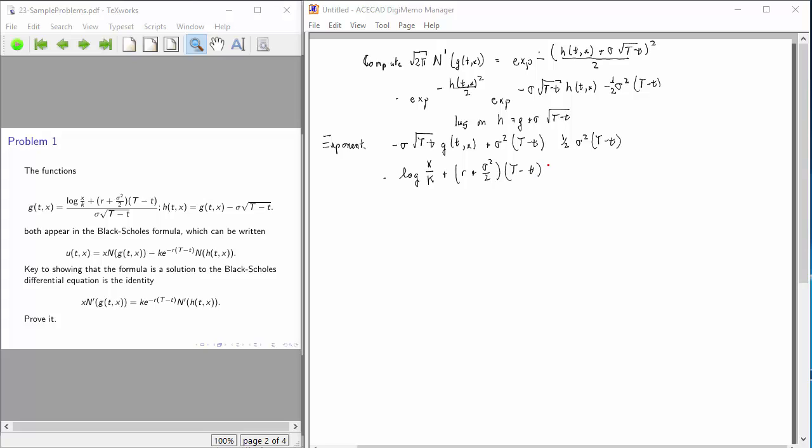And then I have left over from the previous line two terms that partially cancel, leaving plus 1/2 sigma squared times capital T minus little t. And how convenient, if I get the signs right.